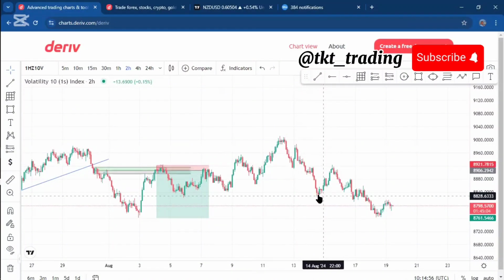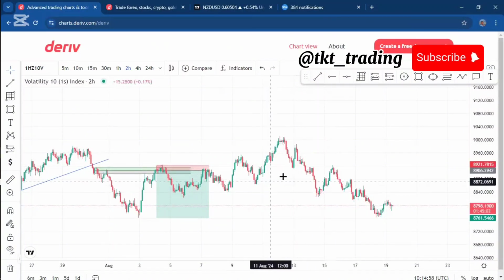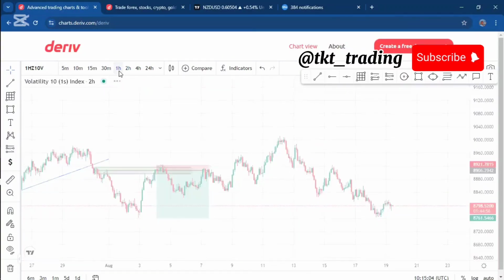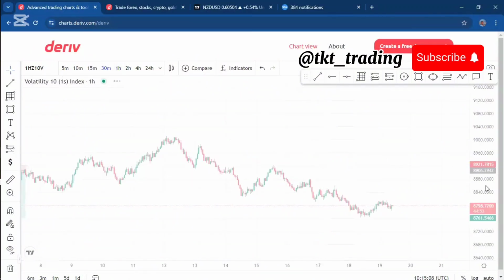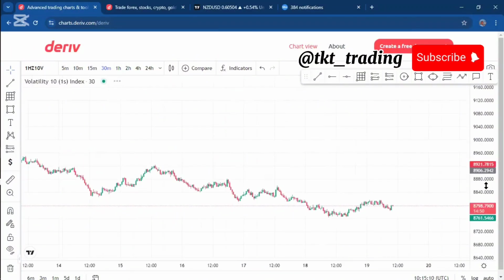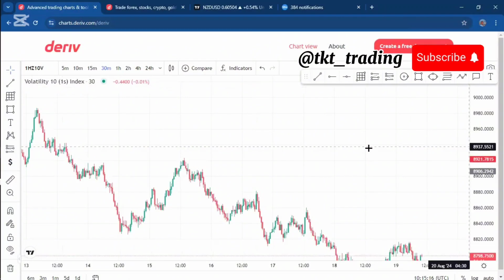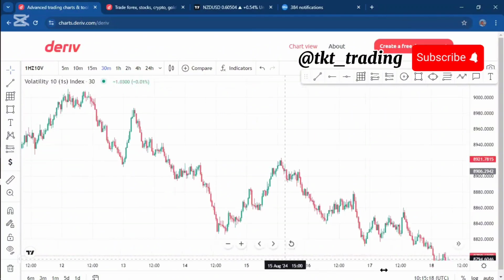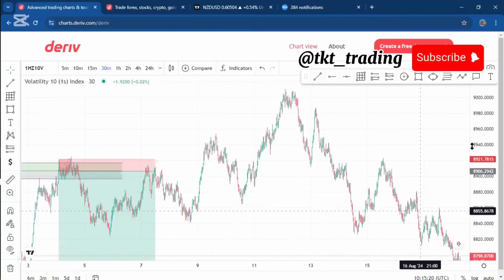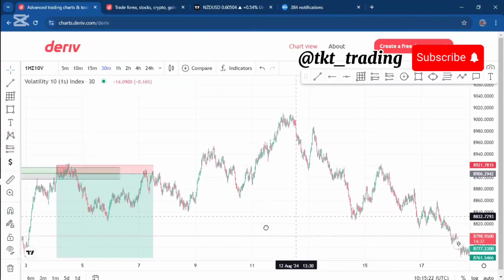So now I want to look for the short-term trend that is around this market. If you want to move to a much lower time frame, like the 1 hour or 30 minutes, I think we might see that the short-term trend based on the current swing structure would be from this point here.